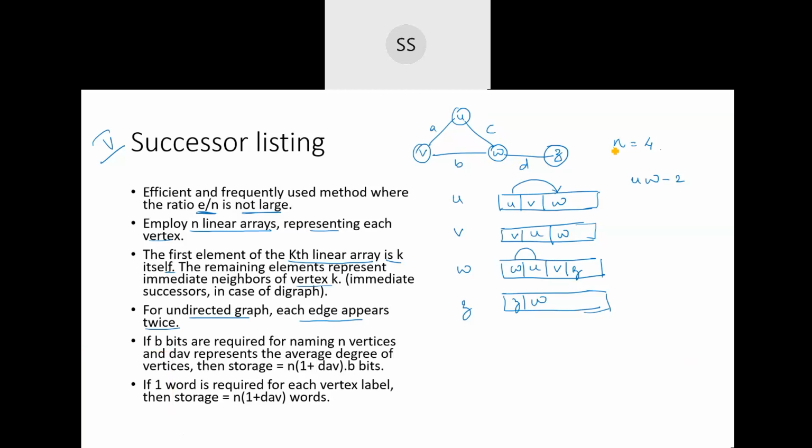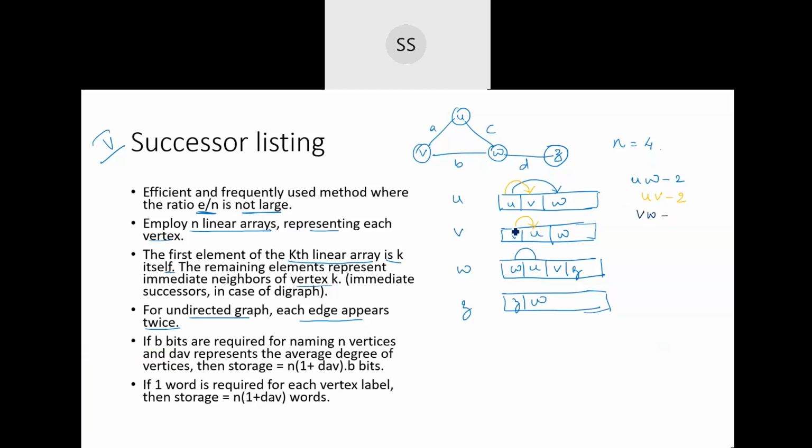Now next you have UV. What about UV? You have UV here. So that has also appeared twice. Now next you have VW. What about VW?